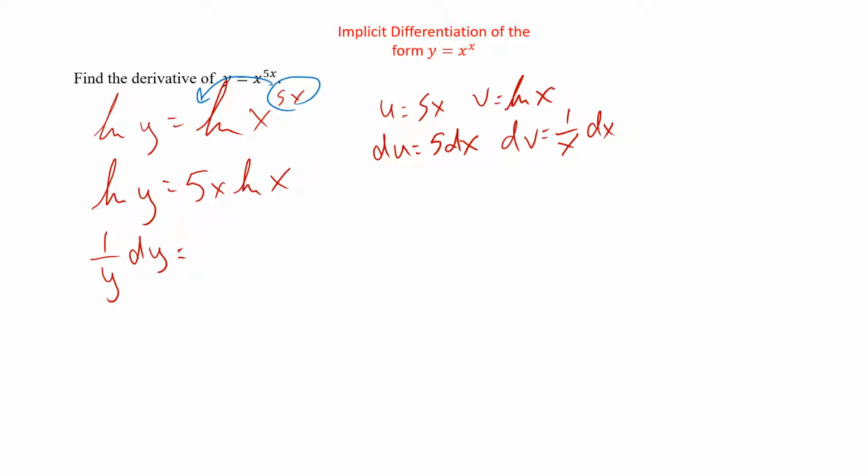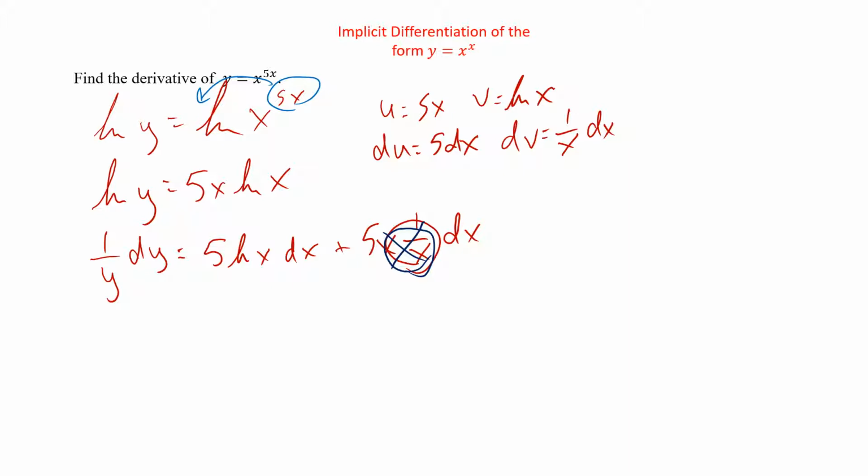We can multiply 5 dx times ln x. I'm going to say 5 ln x times dx plus 5x times 1 over x dx. And this one, notice, by the way, x times 1 over x cancels. That's just 1. So this is really just 5 dx.